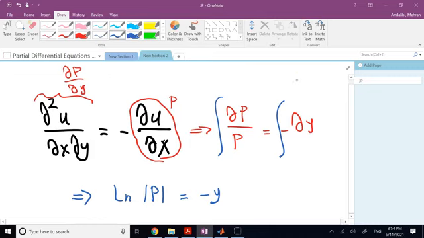Remember when we did just regular integrals, when we did indefinite, we always had a constant, correct? Now here you are taking the derivative of a function where the function itself, this p, can be a function of both x and y. Okay, this p is a function of both x and y.